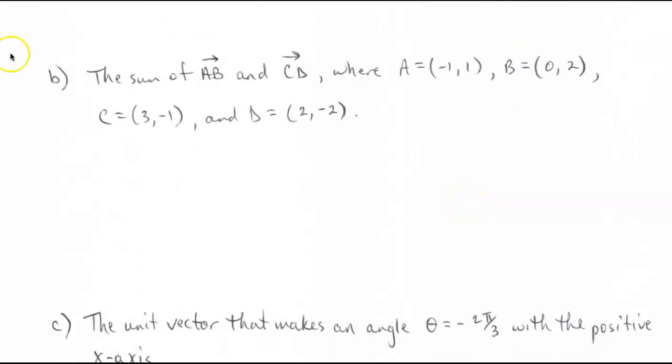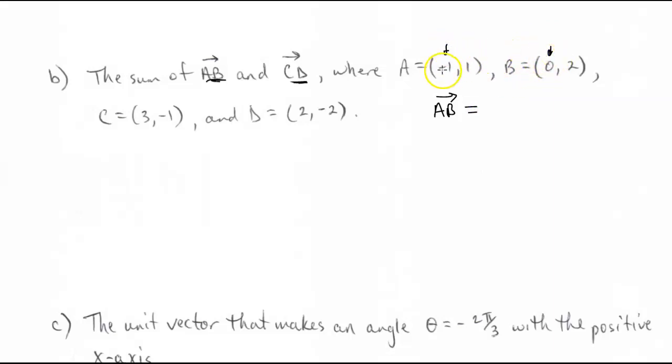So we see here for part B, we have the sum of two vectors. And of course, we're given the initial and terminal points for each one of these vectors. So for our vector AB, we're going to take the difference in the x value.